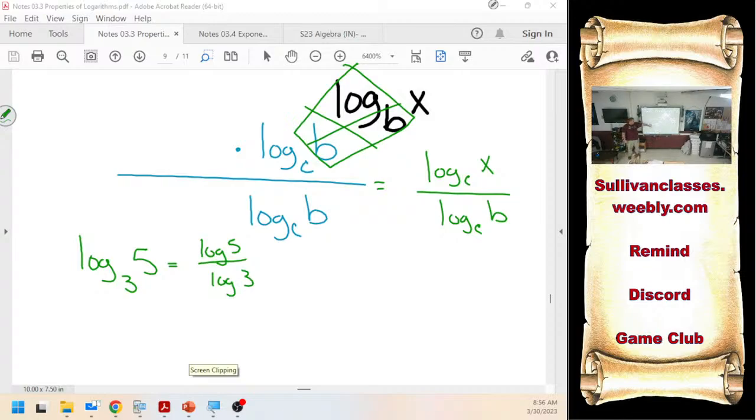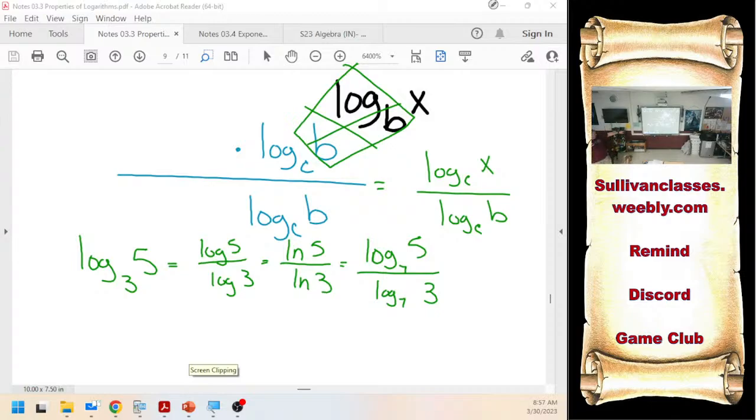It's log of some base of the object over log of some base of the base. In this case, I chose common. I chose base 10. This is going to be the same as if I did the ln of 5 over the ln of 3. It's going to be the same as if I did the log base 7 of 5 over the log base 7 of 3.